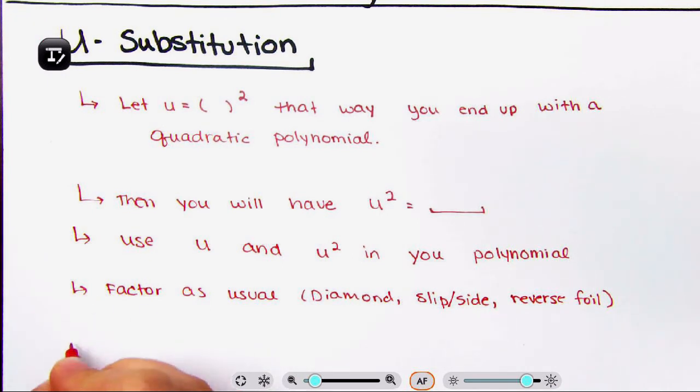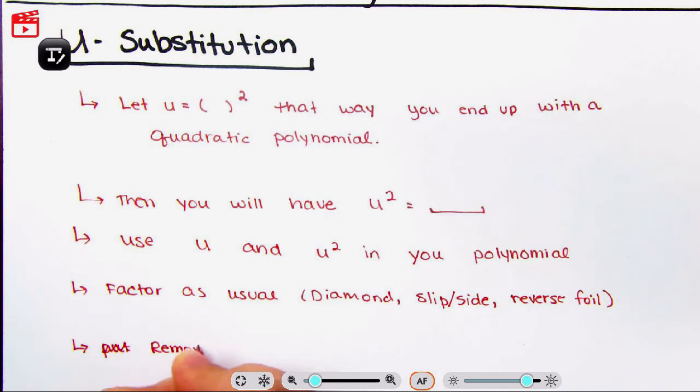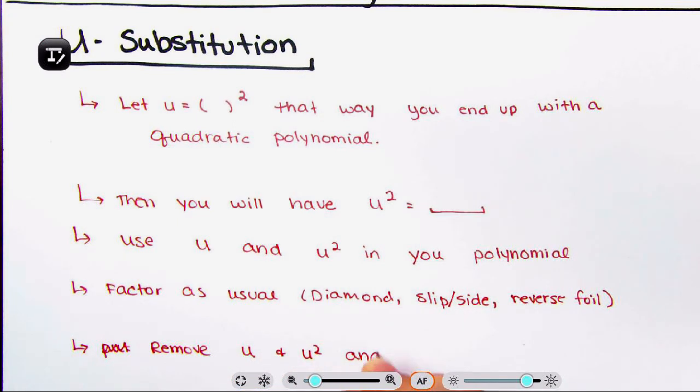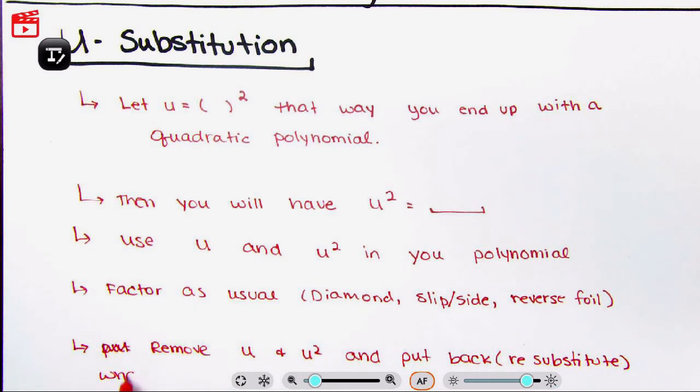And then once you have factored it, remove U and U squared and put back, or resubstitute, what U is equal to and what U squared is equal to.